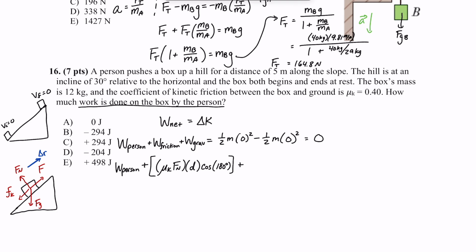For the work done by gravity, we can calculate this as the negative change in gravitational potential energy.